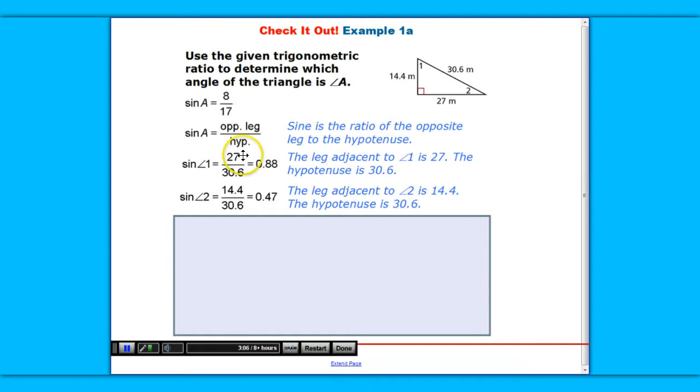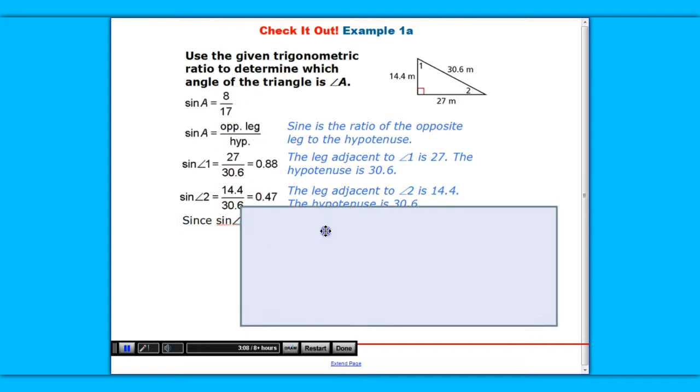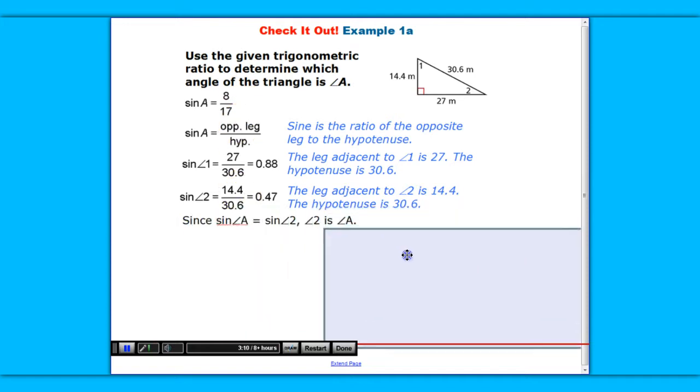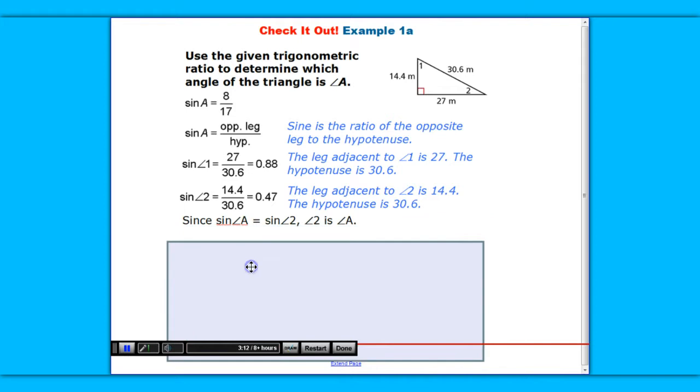And what is 8/17? Since 8/17 is 0.47, angle 2 is angle A. They did not show you that 8 over 17 has a decimal equivalent of 0.47, so you had to find that, didn't you? And again, you may use your calculator.